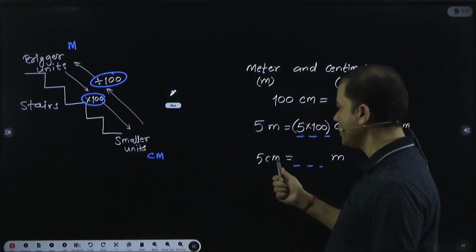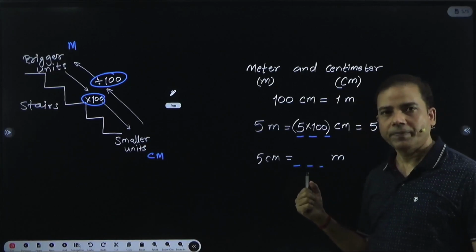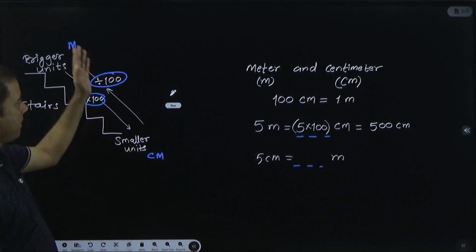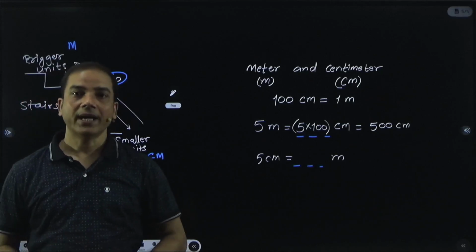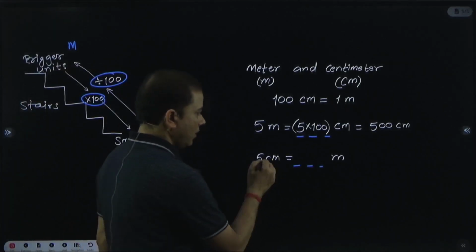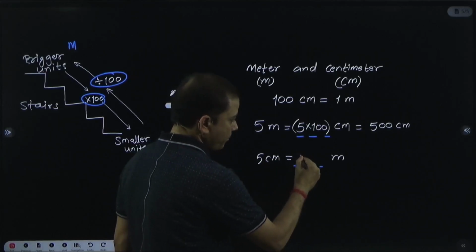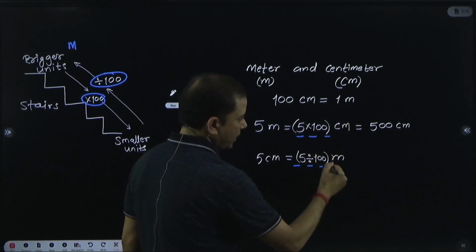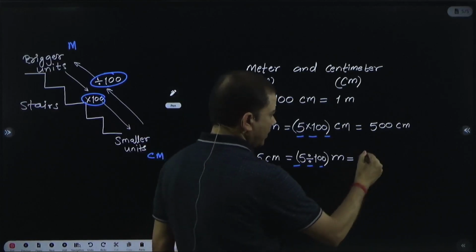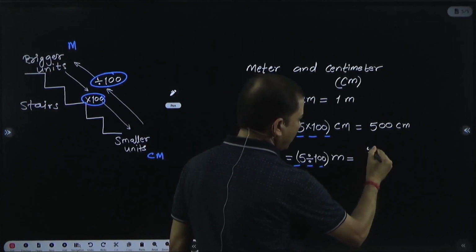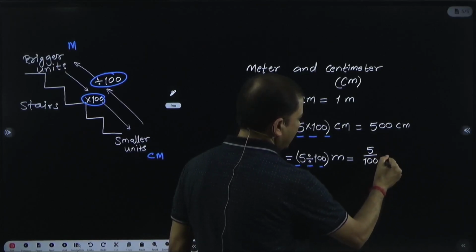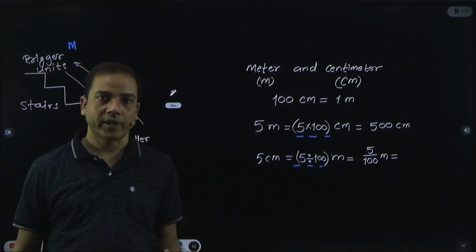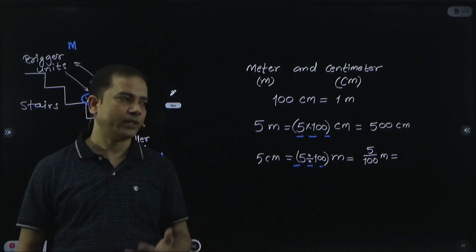How to? Centimeter is smaller unit, meter is bigger unit. Centimeter to meter, smaller to bigger. So divide by 100. The number 5 which is already available will be divided by 100. You also can write it as 5 upon 100 meter. As we have learned previously the short trick, let's use the short trick, or you can do long division.